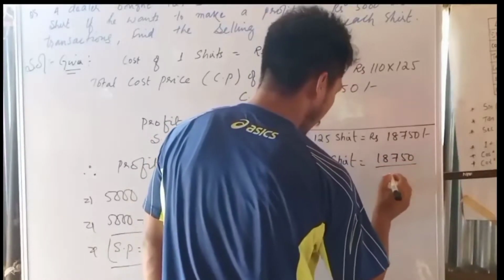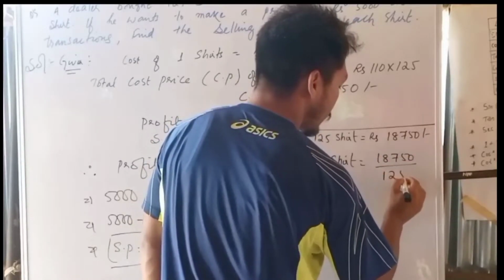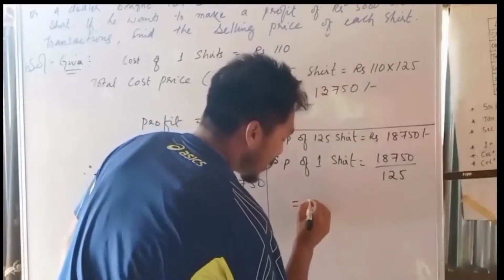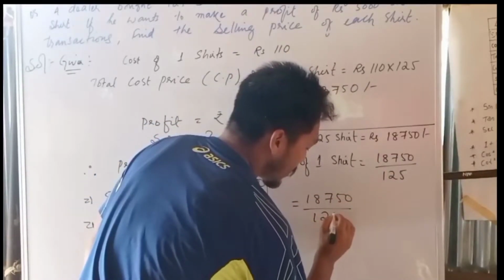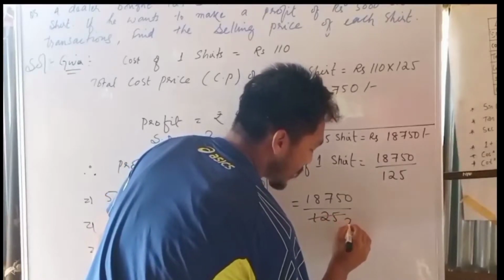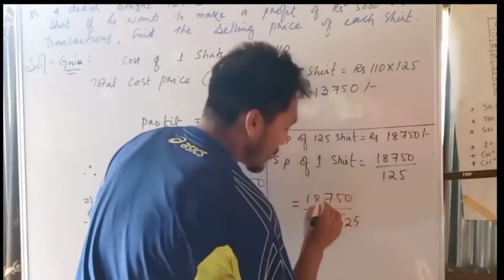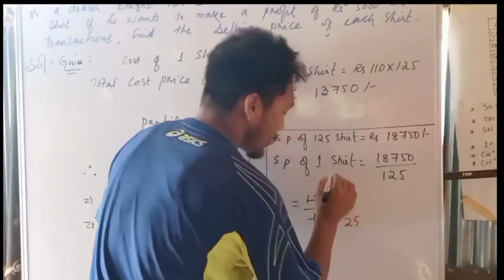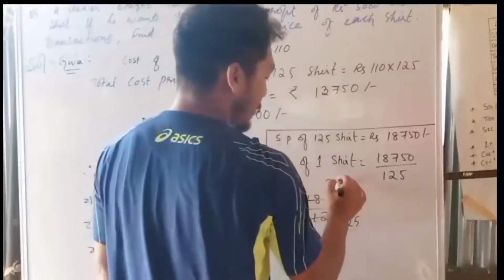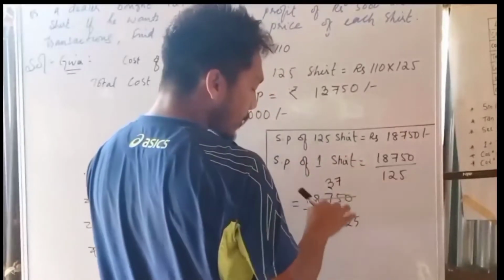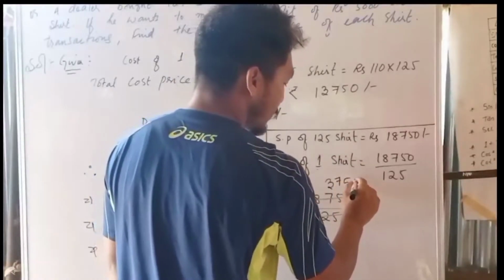Selling price of one cert will be equal to 18,750 divided by 125. So if I divide this, 18,750 divided by 125, first divided by 5. 5 2s are 10, 5 3s are 15, 5 7s are 35, 5 5s are 25, 0.